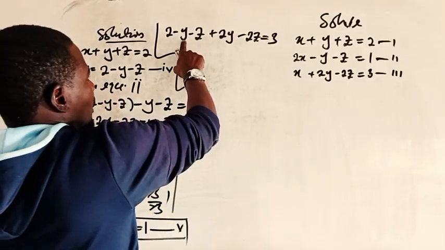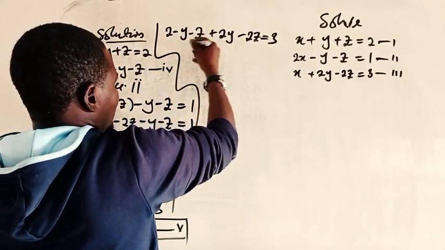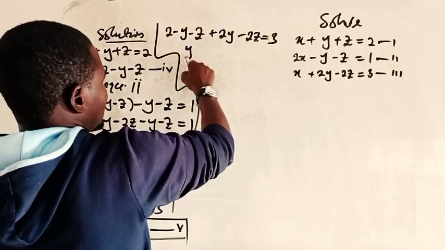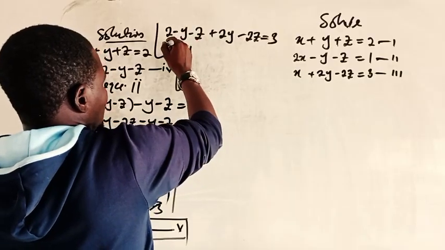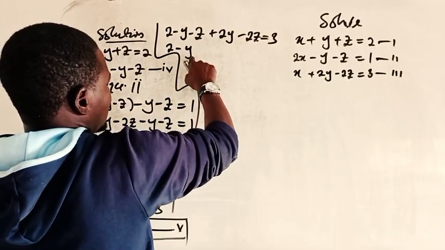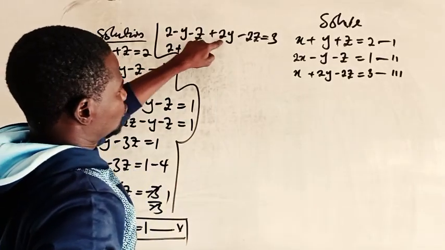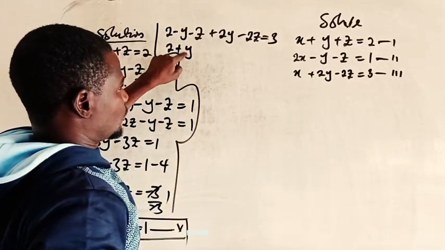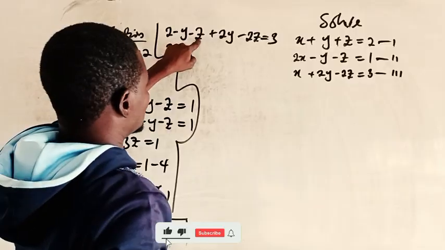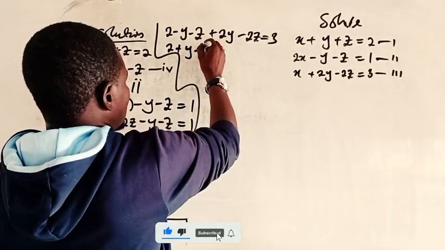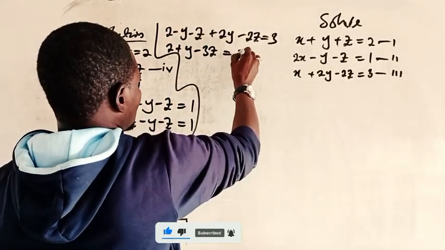Like minus y plus 2y is the same thing as y. Then here, remember, we have 2, here 2. Minus y plus 2y is just 1y. We put it here. The minus z minus 2z is minus 3z. Minus 3z equals to 3.